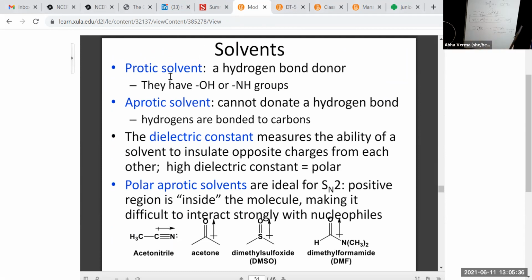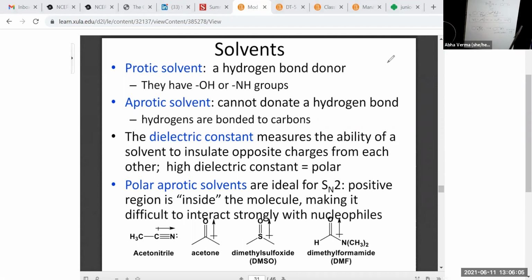So protic solvents are those solvents where a hydrogen bonding hydrogen will be present. Protic solvents will always have a hydrogen next to an electronegative element. For example, here it is next to an oxygen, here it is next to a nitrogen, and so on and so forth. So those are your protic solvents.